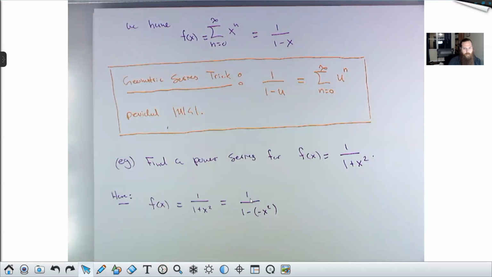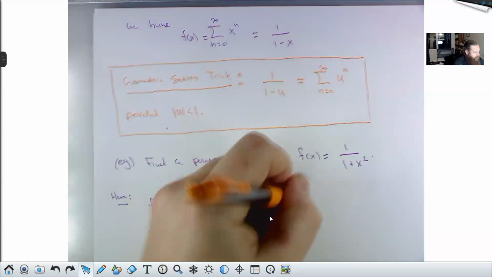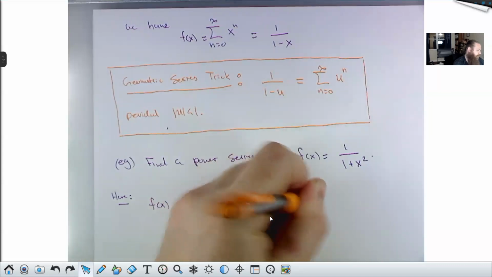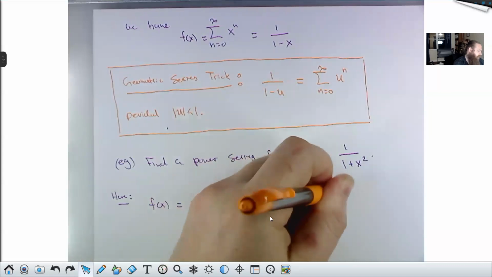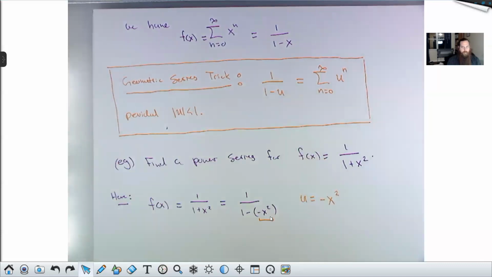So now this looks like 1 over 1 minus u, where u is negative x squared. And the negative is on the outside of the square, right? It's not negative x squared, it's the negative of x squared.